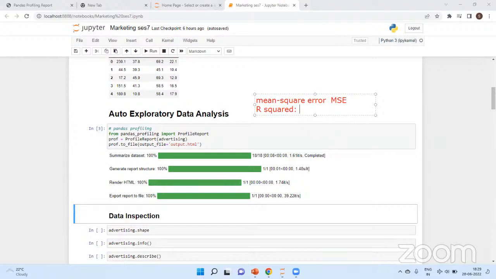So R squared will give how much variation of a dependent variable is explained by the independent variable.